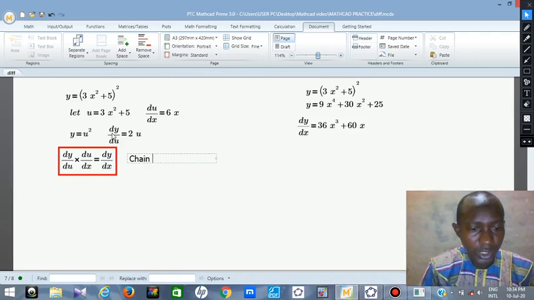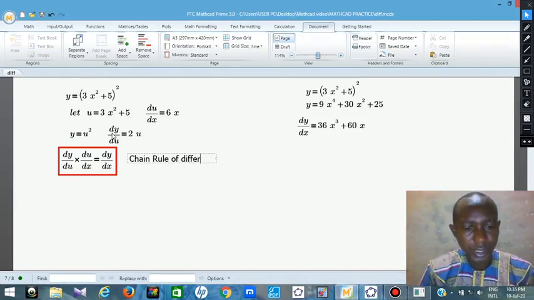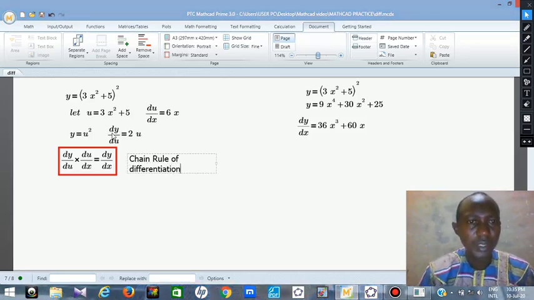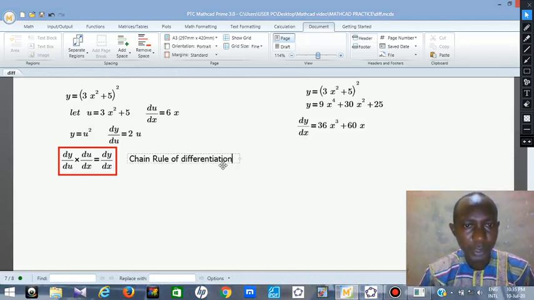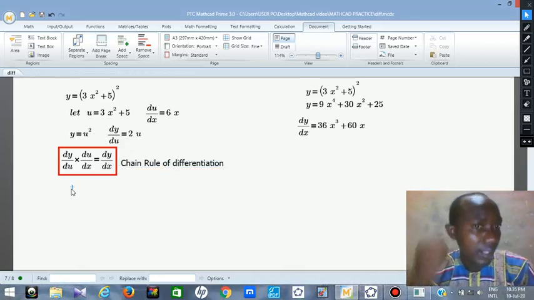So it's called the chain rule of differentiation. Take note of this. It is very, very important. Most people use this method in solving function of a function. So this is the chain rule of differentiation.